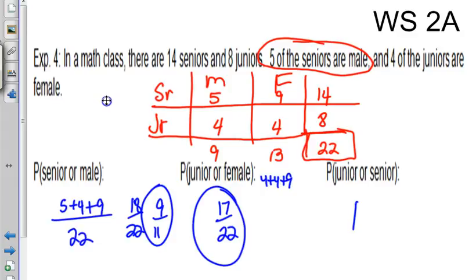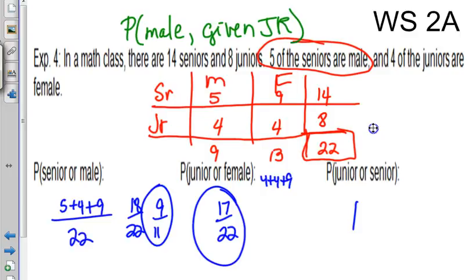Okay, the other thing they will ask, and I'm going to practice this while we're here, is a question like, probability it's male given it's a junior. What does that mean? That's called conditional probability. That means you have to have a junior. So you're now only talking about this group, okay? So male given a junior is 4 out of 8 or 1/2.